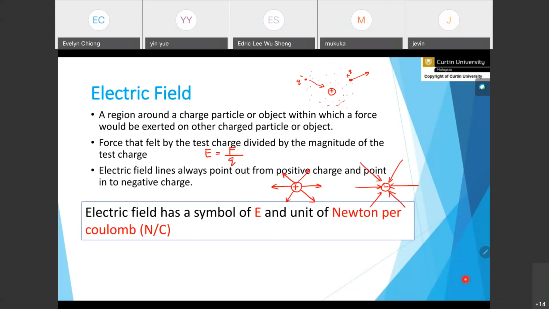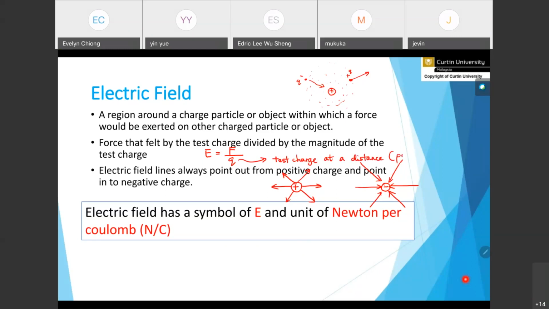So this one is the test charge. The test charge is the one coming near the original charge. It is being placed at a position, or a distance.